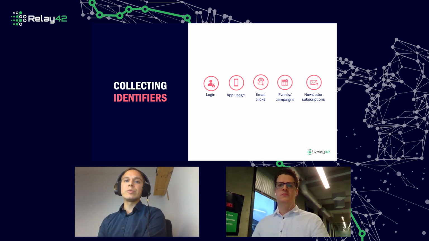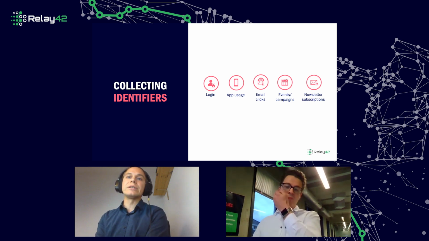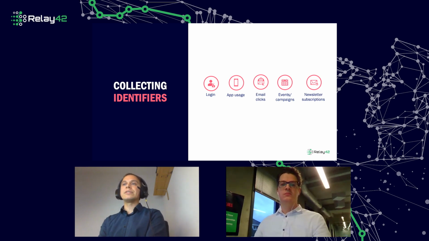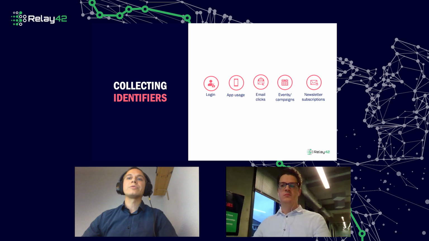If people click on emails, again, that can be used for recognition. So you could put the email hash in the click information, and you could get that. For events, like win campaigns or partnership events where people buy tickets, those are locations where you can get additional identifiers.